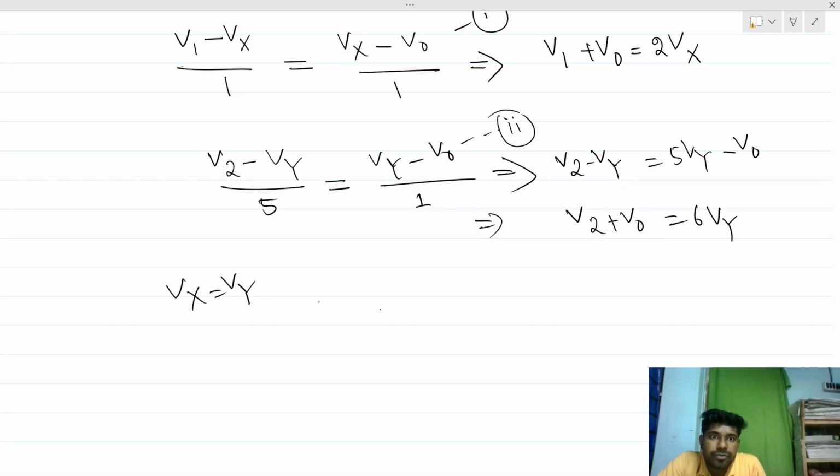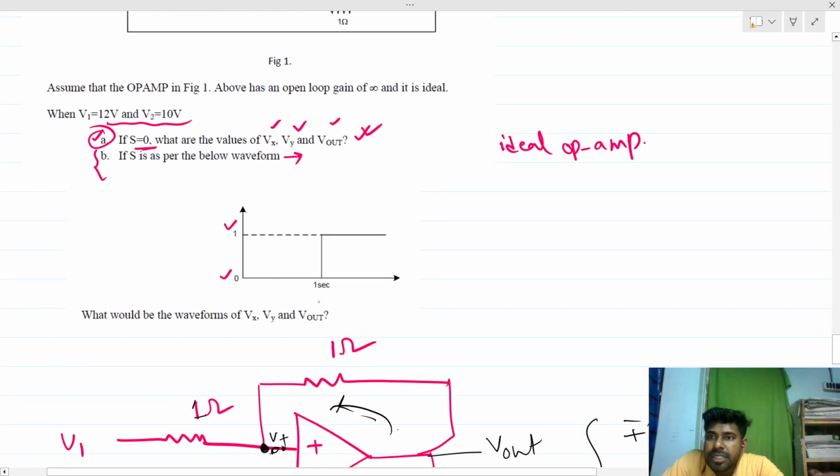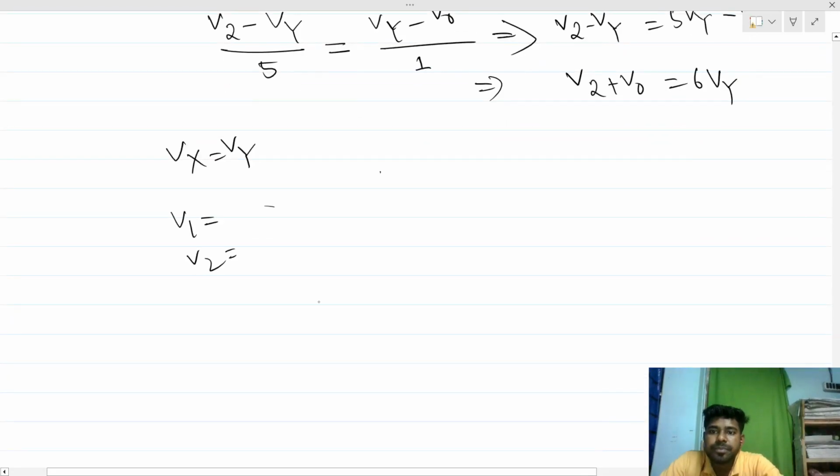Now we need V1 and V2. Let's see what the values are. V1 is 12 volt and V2 is 10 volt, right?